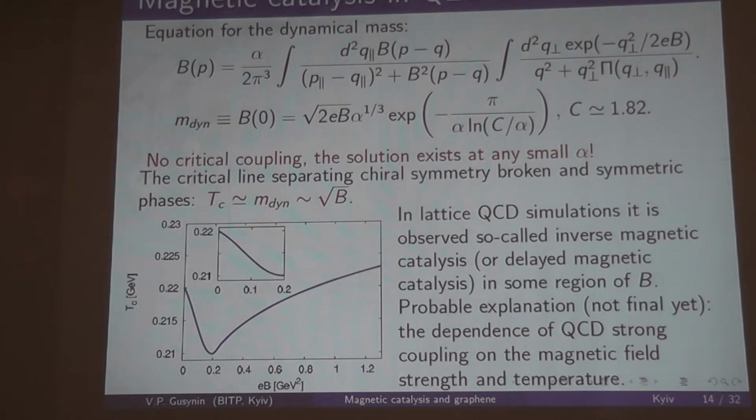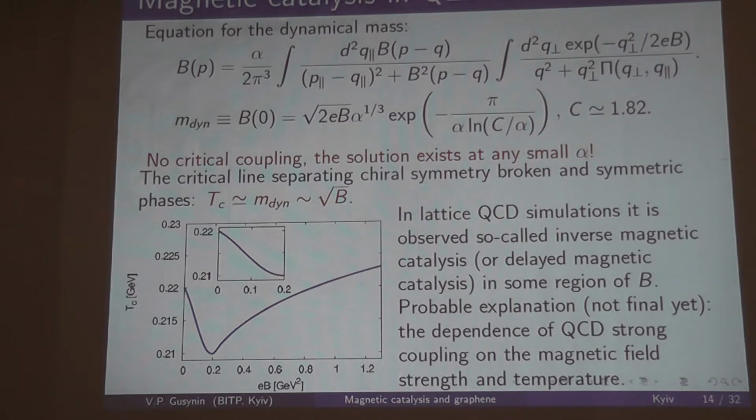In QED, if we repeat the same approximation for the mass function, but include also the magnetic field, this equation is transformed into a simpler form. There can be a solution for this equation also at any small coupling. No critical coupling.